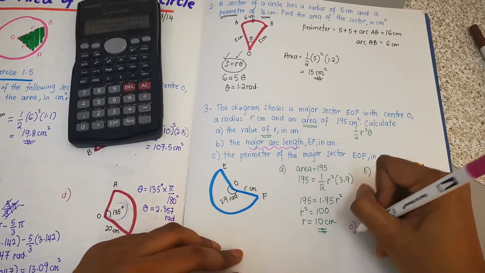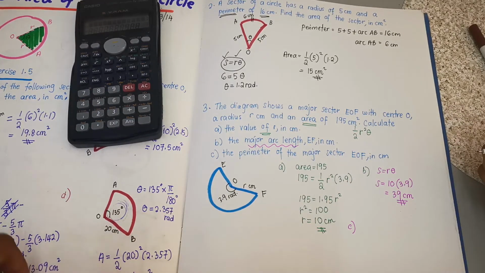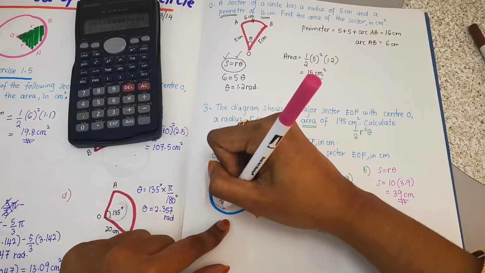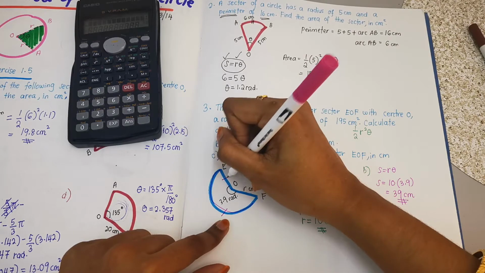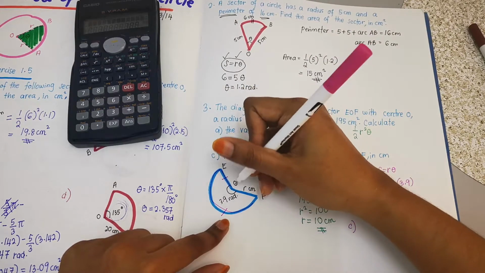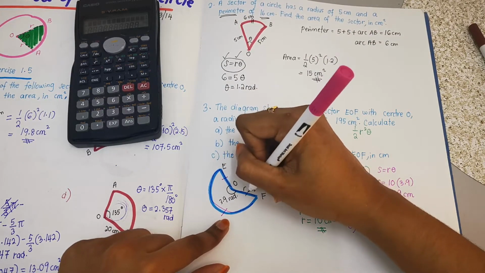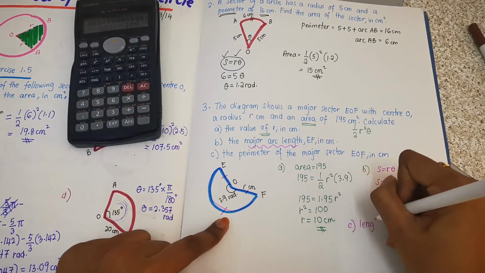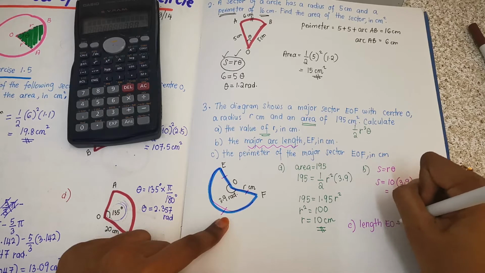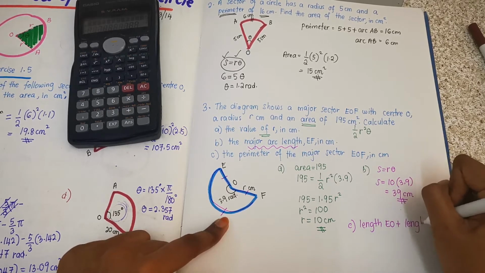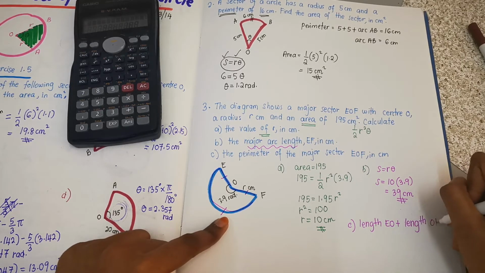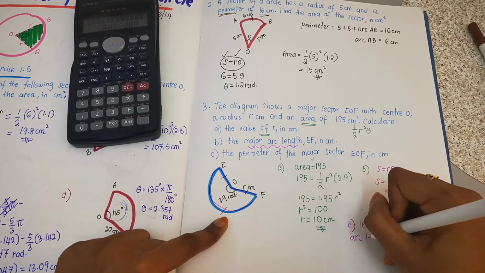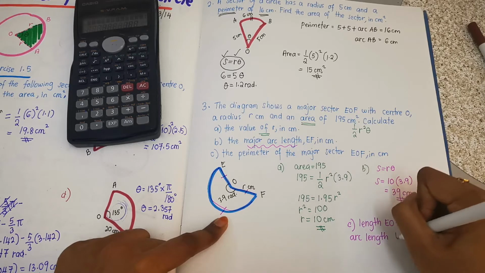Next one, C. Find the perimeter of the major sector. So obviously perimeter is take this whole thing, the length of EO plus the length of OF. I'm just going to write in detail for you: length of EO plus length of OF plus arc length of EF.